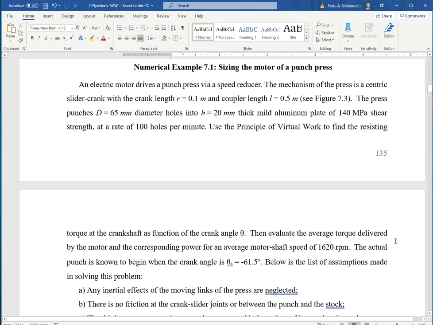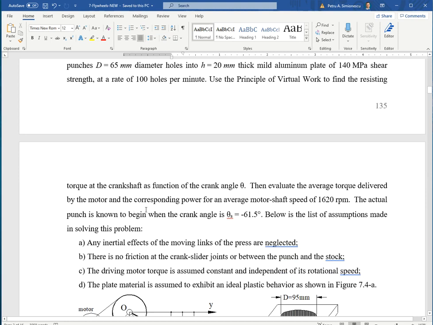And then to evaluate the average torque delivered by the motor, and here it's given the average motor shaft speed.